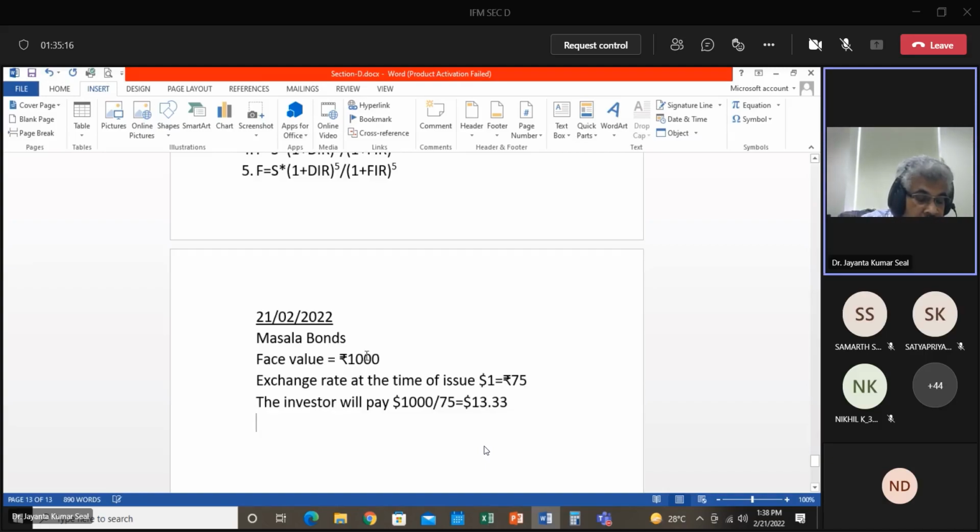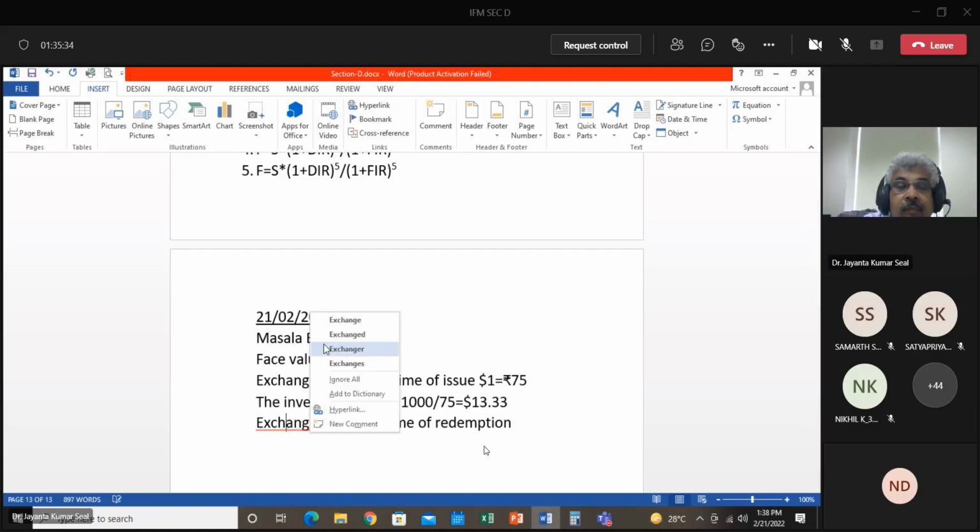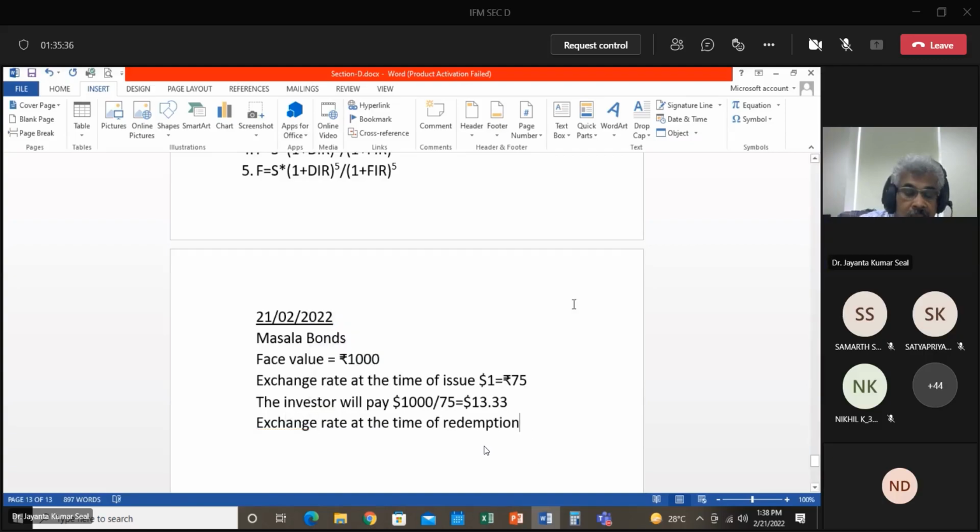It will be clear if I take the exchange rate at the time of redemption: $1 equal to ₹77.